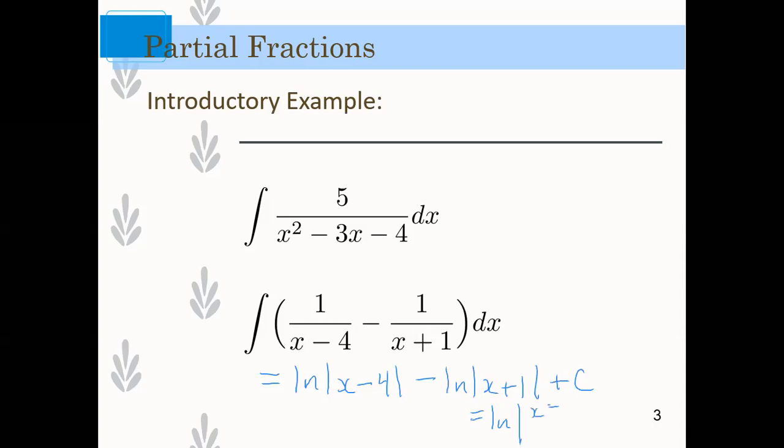Yeah. x minus 4 over x plus 1, just using the laws of logarithms, plus a constant. But the whole point is that second integral was easy, right? I mean, that's something that was easy to handle, okay? Now, what about the first integral, though?